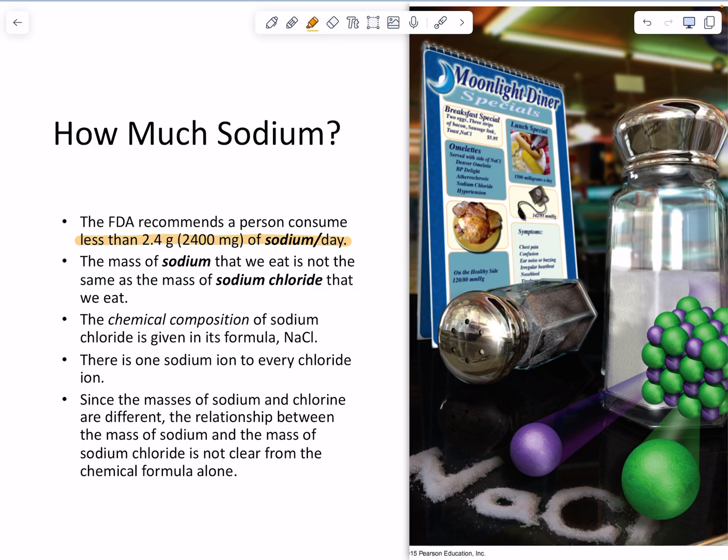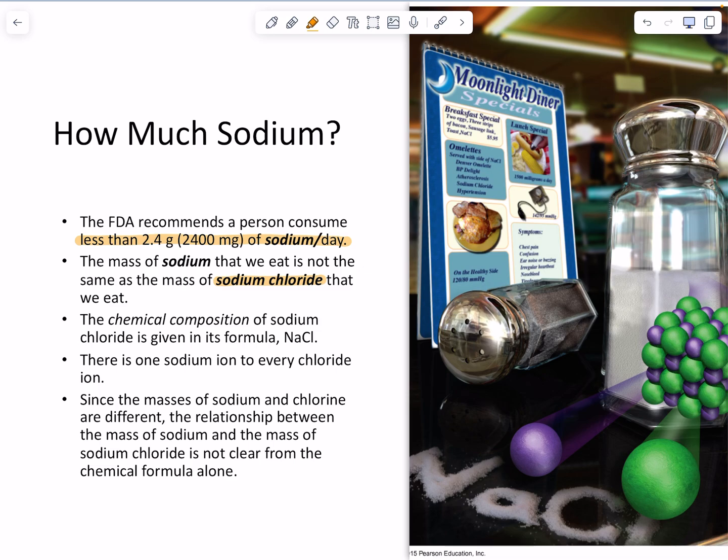That's of sodium. Now, if I'm trying to eat healthy and I'm cooking all my own food from Whole Foods, the sodium in my diet is mostly going to come from added salt. Salt is sodium chloride. So the amount of sodium chloride I eat versus the amount of sodium I eat are not the same thing.